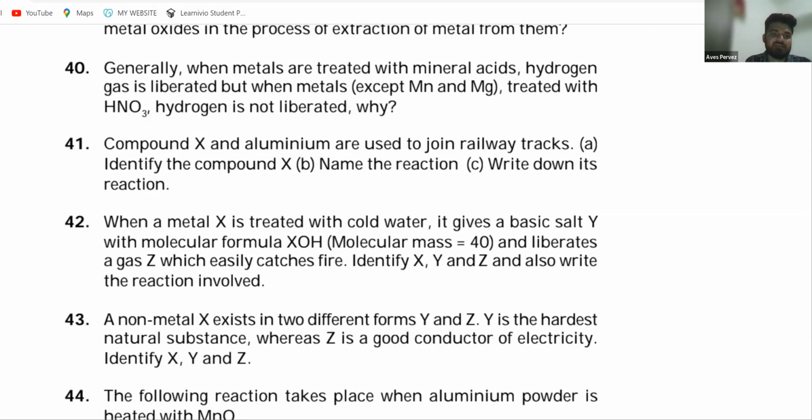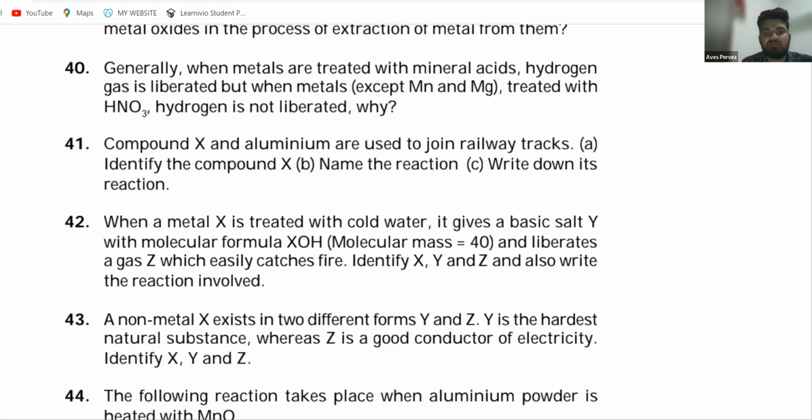Which one is the correct answer? Sodium hydroxide. Sodium hydroxide or calcium hydroxide? Which one is correct? Calcium hydroxide. Why calcium hydroxide?